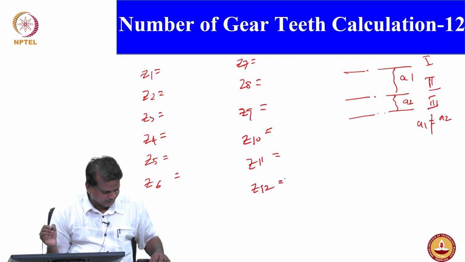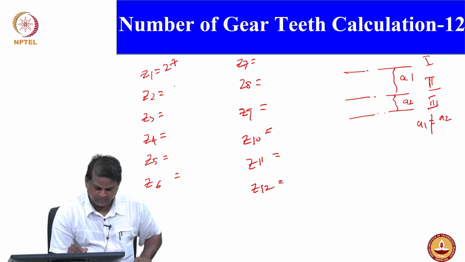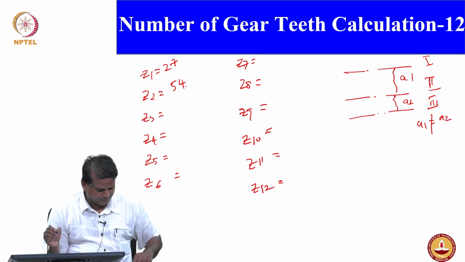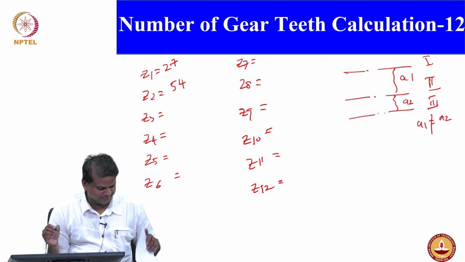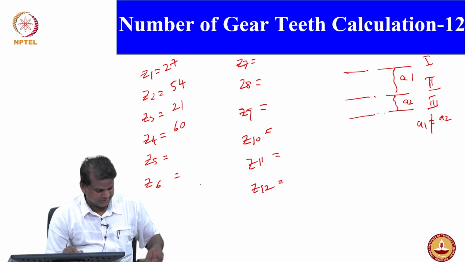So what are the values you are getting now? One is 27, 54, okay, 27 and 54, then Z3 and Z4, 21, 60.